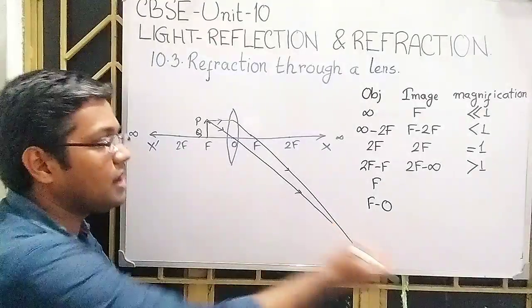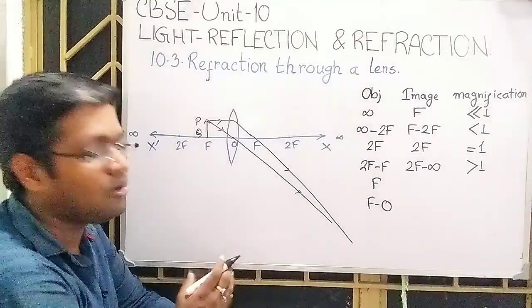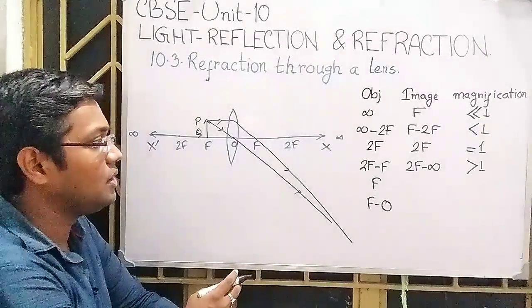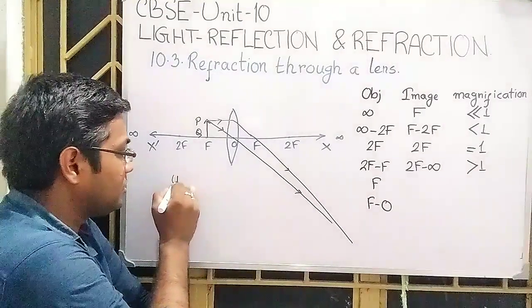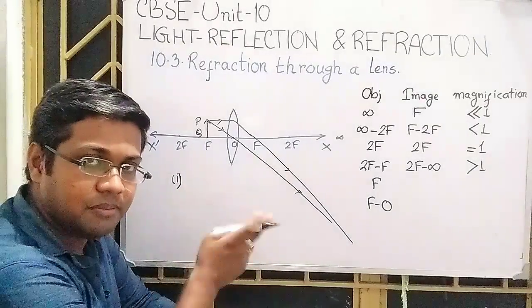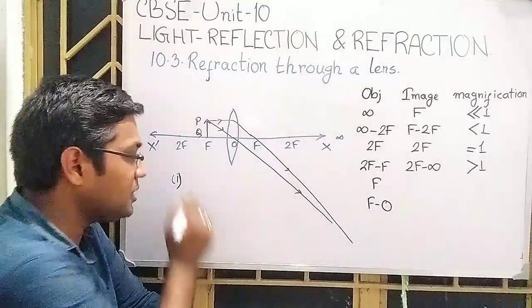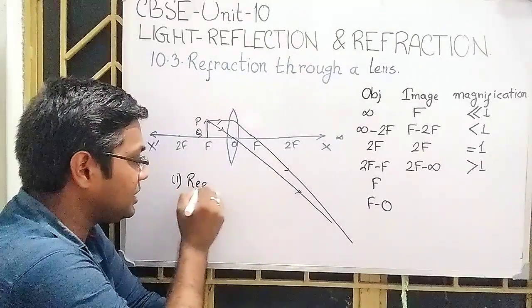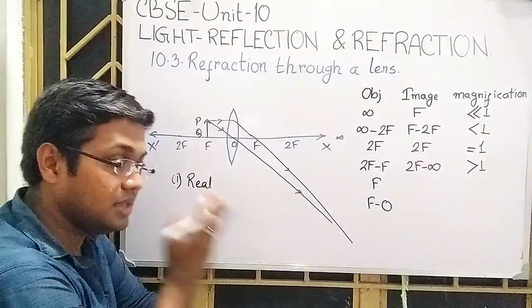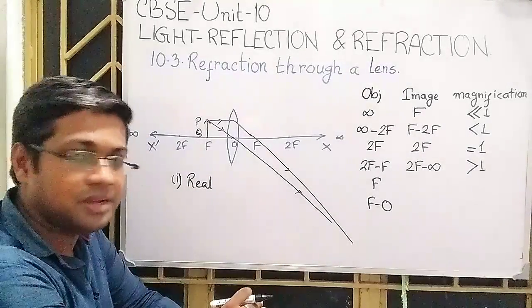They will meet somewhere at a large distance, infinity, and we cannot draw it within the board. But it is confirmed that the rays will actually meet each other since they are converging. So from here we can say that the image is a real one, since the rays are converging and there is a strong possibility that they will meet each other.